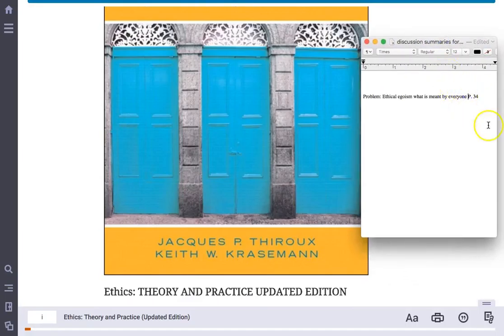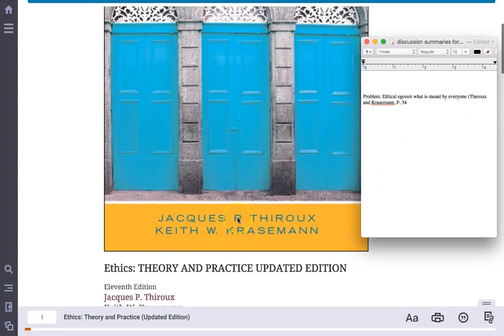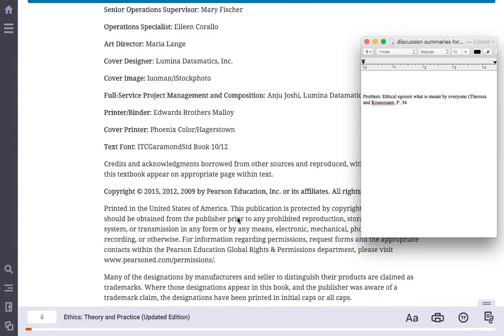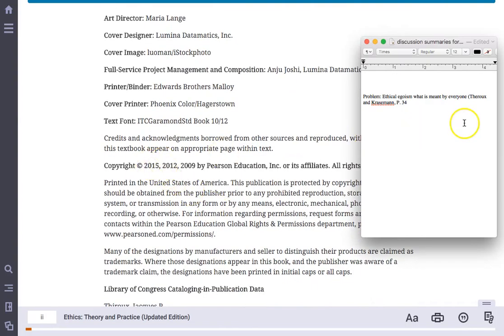I like to keep a cheat sheet next to me, but in this case we get the author's name, and all this information and help on how to cite you can find at the top of every discussion in this class. So we need the author's last names, both of them, not just one, and we need the copyright information.